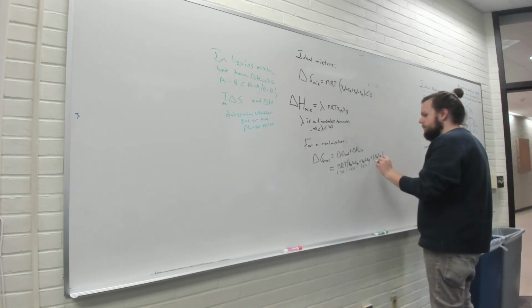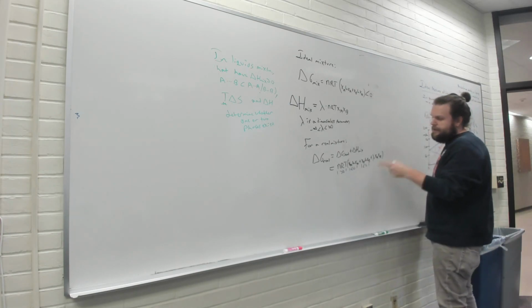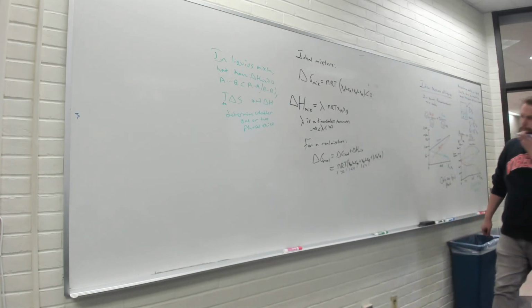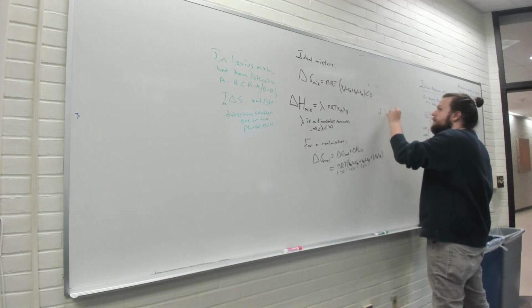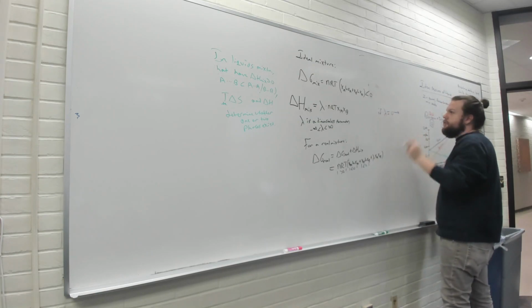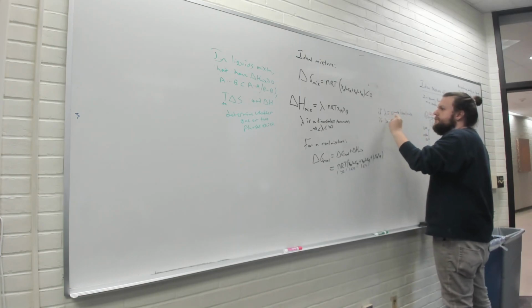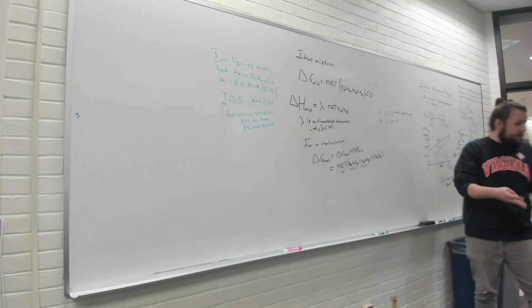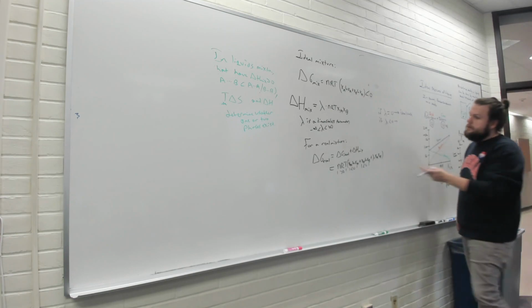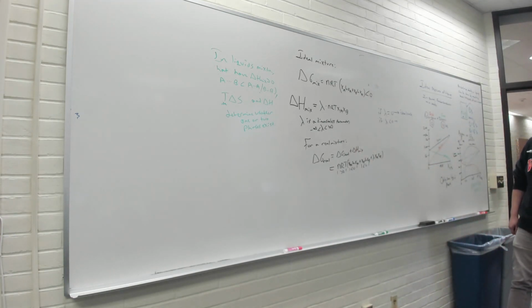So this is greater than 0 if lambda is greater than 1, and it's negative if lambda is less than 1. So if lambda is equal to 0, this just goes away. We have an ideal case. If lambda is less than 0, then the delta G drops. It goes more negative, which means that mixing is more favorable, because that would be a negative term. The more negative delta G is, the more favorable a process is.